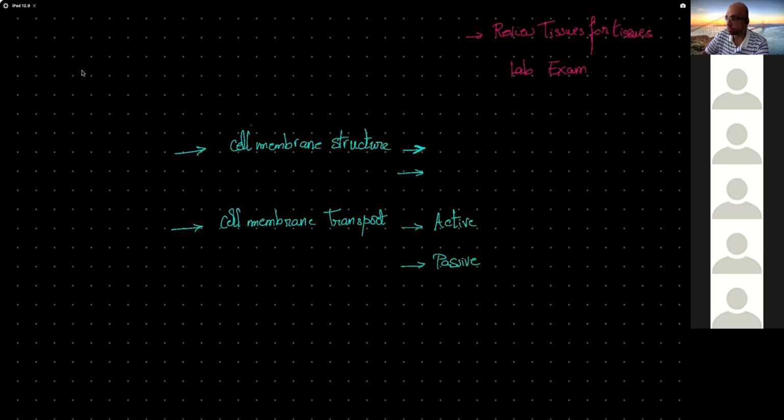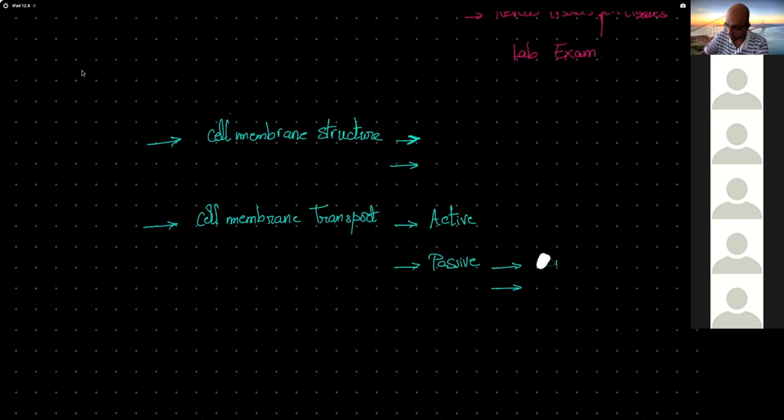As examples of passive membrane transport, if you remember, we've discussed the simple diffusion, if I'm conducting a solute that is lipid soluble. And we discussed the carrier-mediated facilitated diffusion.